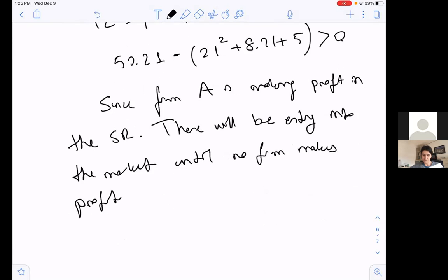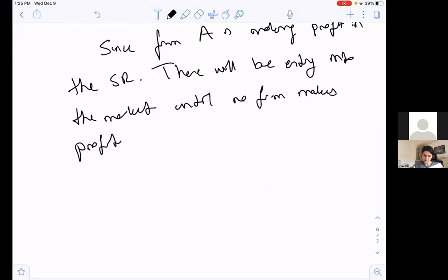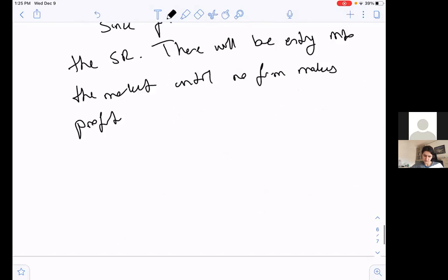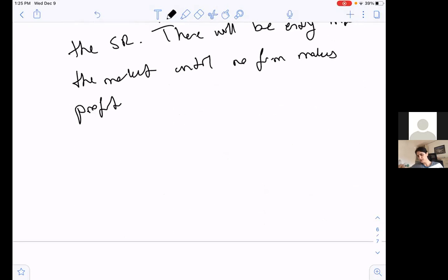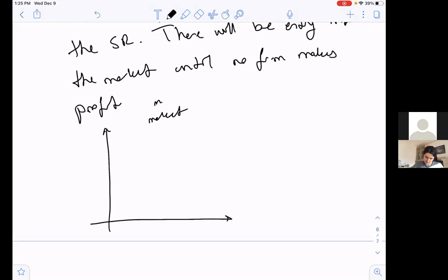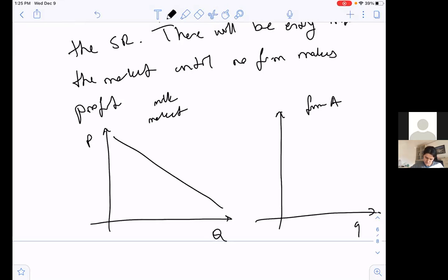So how are we going to show this? I already said it in the above part, but I didn't show how it happened. Suppose this is the milk market, and suppose this is firm A. So this is Q, P, Q. Initial supply, demand.